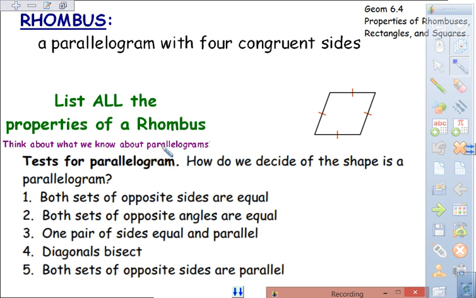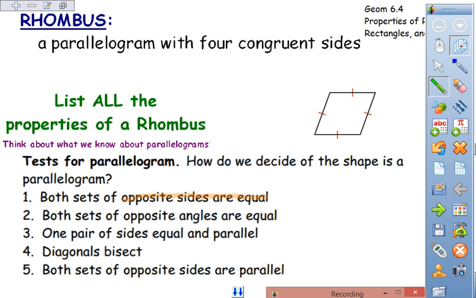Well, we know a rhombus is a parallelogram, so anything that works for a parallelogram will also work for a rhombus. So I would write these things down. Opposite sides are equal. Opposite angles are equal.